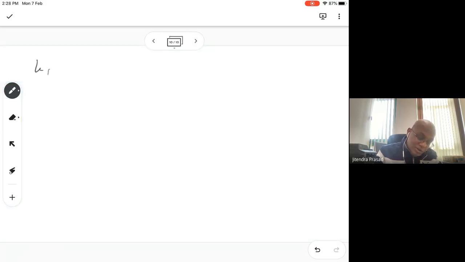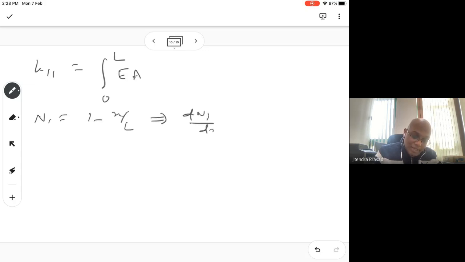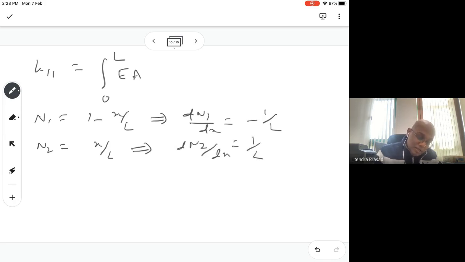Now we can do the calculations. Let's do K11 equal to the integral from 0 to L of EA dn/dx. Now n1 is equal to 1 minus x over L, so that means dn1/dx equals minus 1 over L. N2 is equal to x over L, which tells you dn2/dx equals 1 over L. Similarly we write K11 as dn1/dx multiplied by dn1/dx, dx.